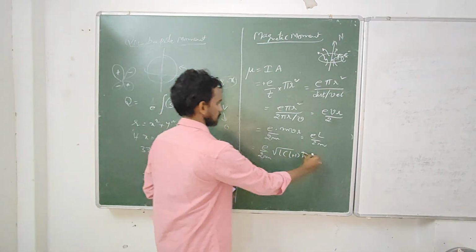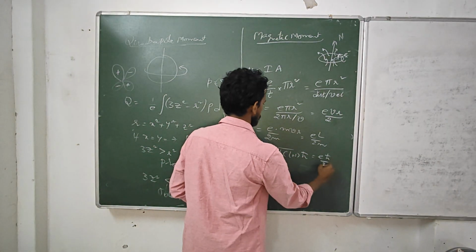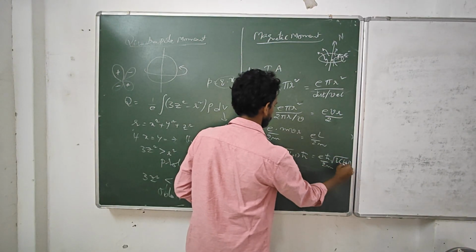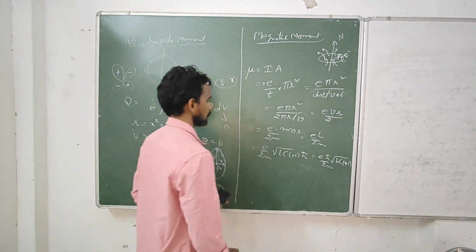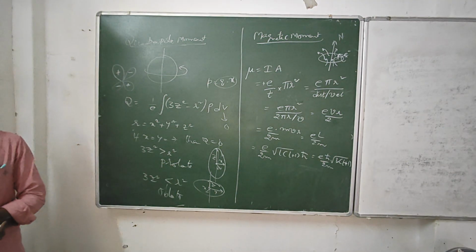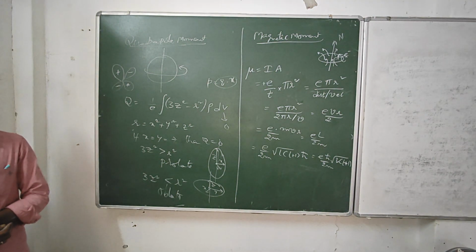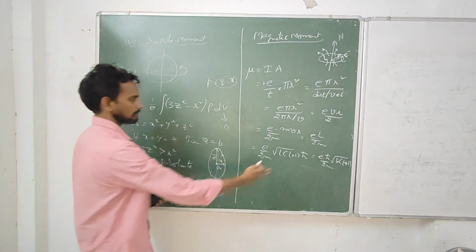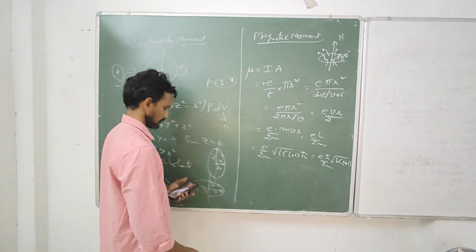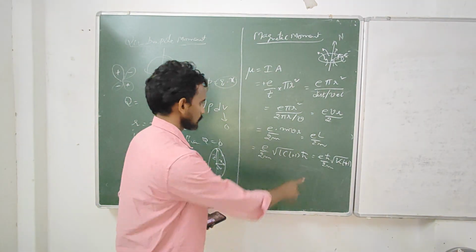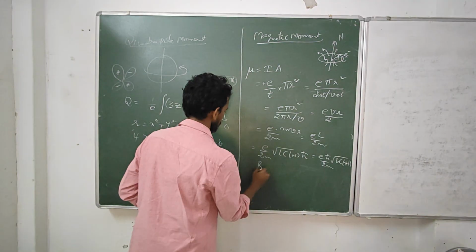So this is e h bar by 2m, square root of L into L plus 1. So that is the magnetic moment produced by unit positive charge. And if you substitute the mass of the proton, you will get a particular number. So this part is called Bohr magneton.